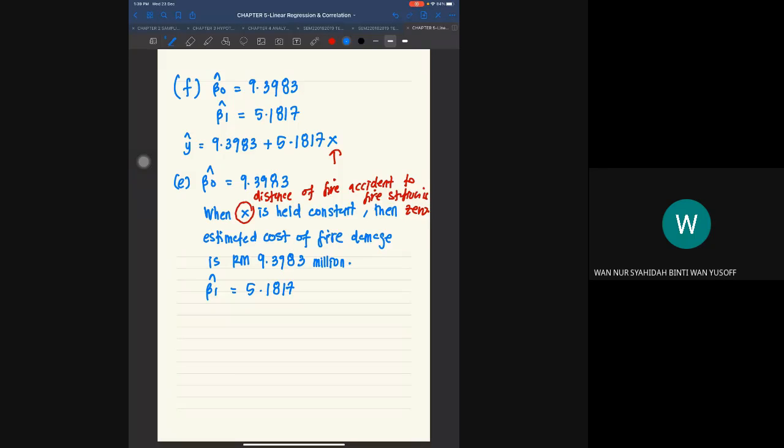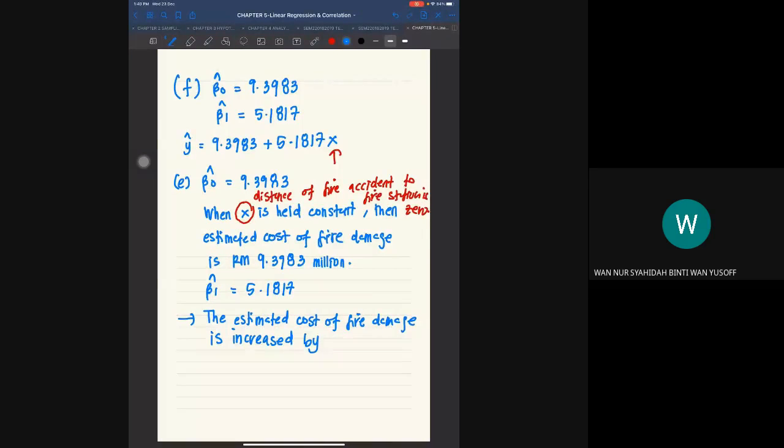The estimated cost of fire damage, your y, is positive, then it increases by the value of beta 1 with the unit of y, because the change here is in y.